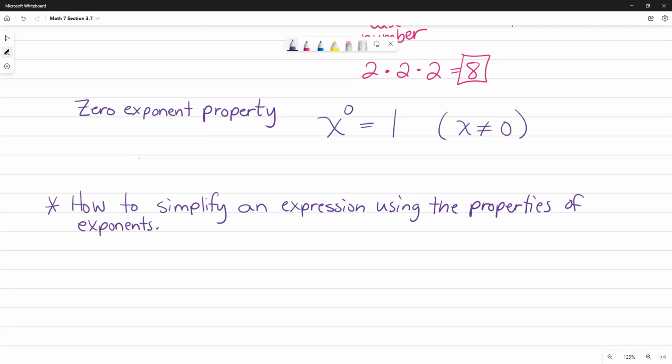For example, to multiply, you must add the exponents. So let's look at an example of this.